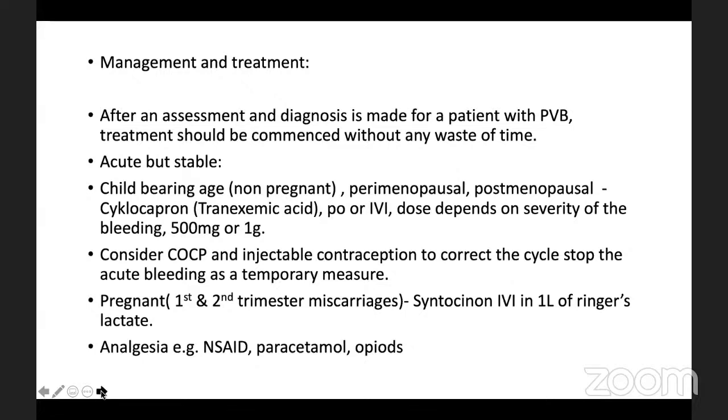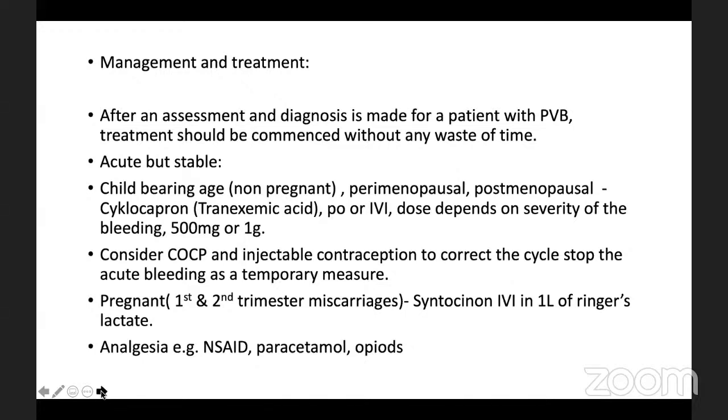Then patients who are in their first or second trimester, you need to stabilize them first. Then in the Ringer's lactate, you can put syntocinon IVI, 1 liter of Ringer's lactate, because it's an oxytocin and it is going to assist in contracting the uterus.